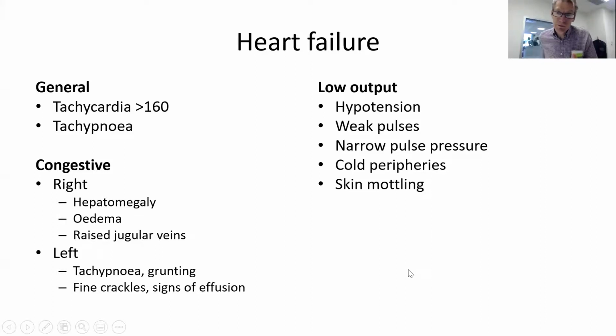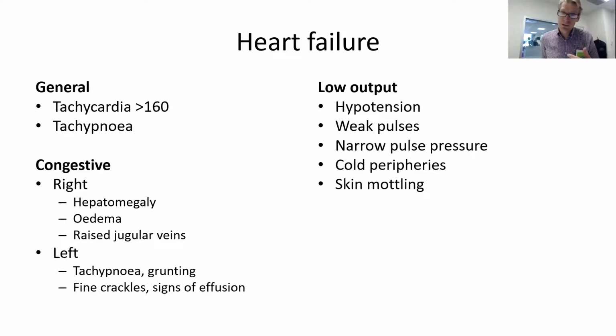It's important that we try to make a distinction between the two, or explain the signs that we see. If you see a child who's got tachycardia and a very big liver and edema, then they've got signs of right heart failure. If you see a child who's got a big liver and crackles and edema and tachypnea and a pleural effusion, they've got signs of biventricular failure. Both ventricles are failing.